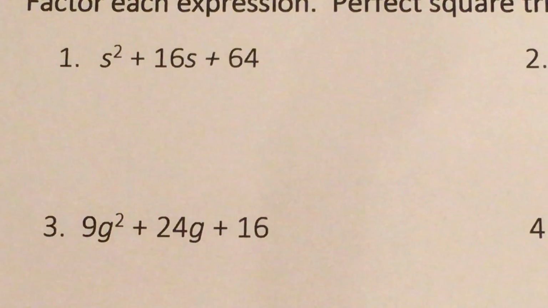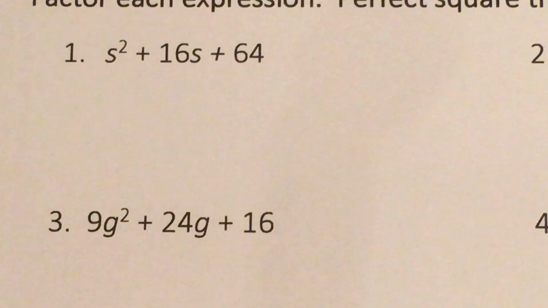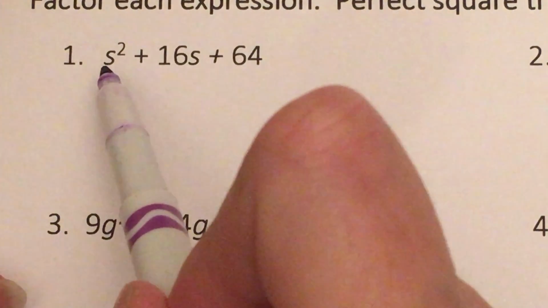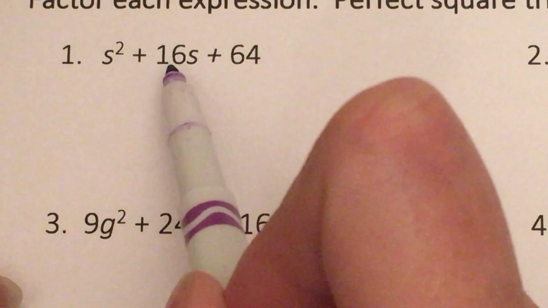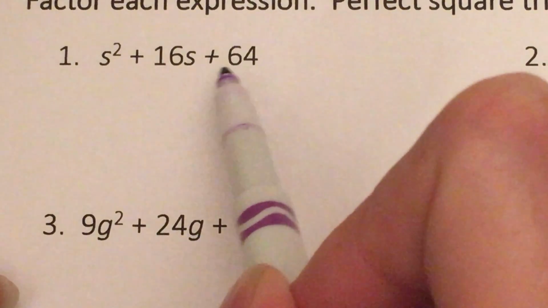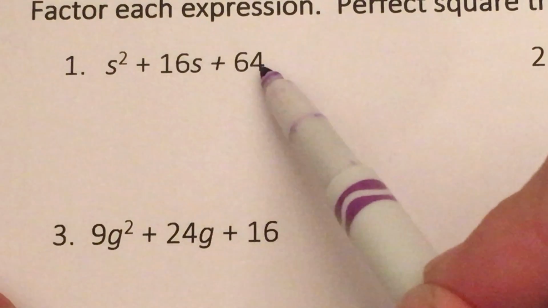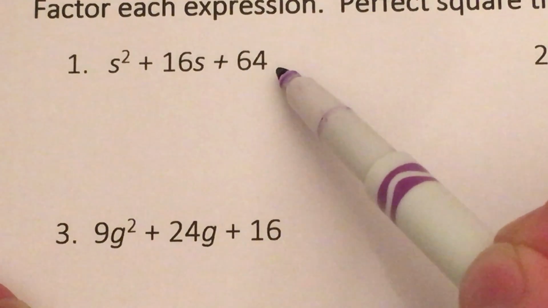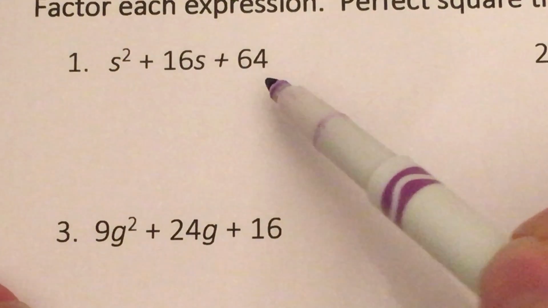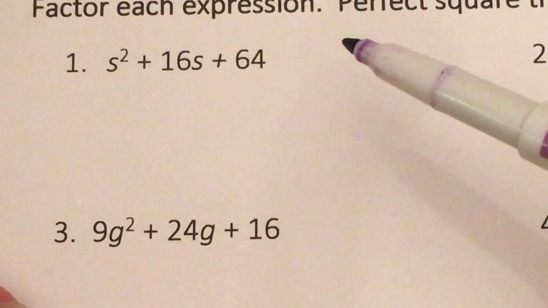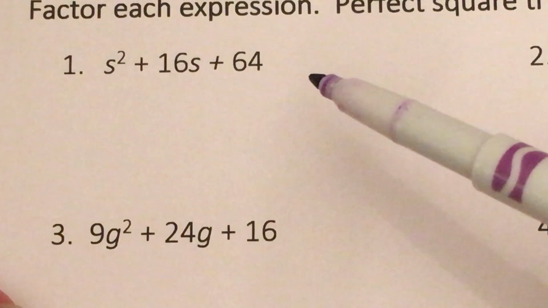So in problem number 1, we have s squared plus 16s plus 64. So let's ask our questions. Is this 2 terms or 3 terms? Oh, it's 3 terms. So if it's anything, it's a perfect square trinomial.